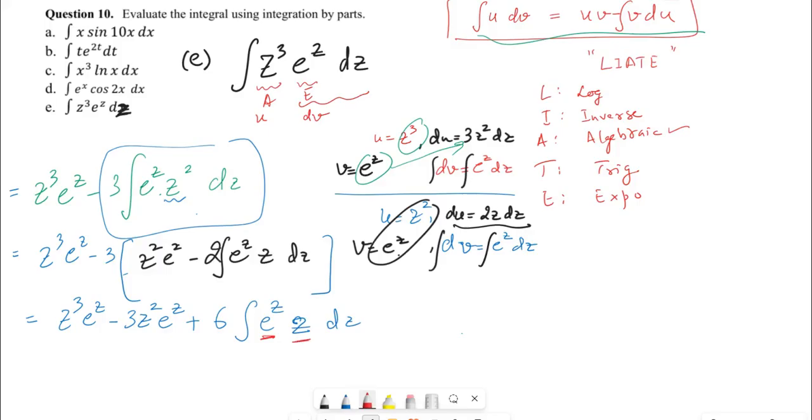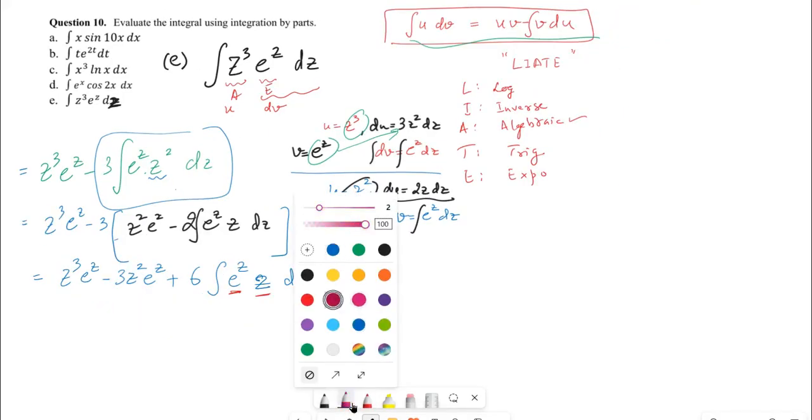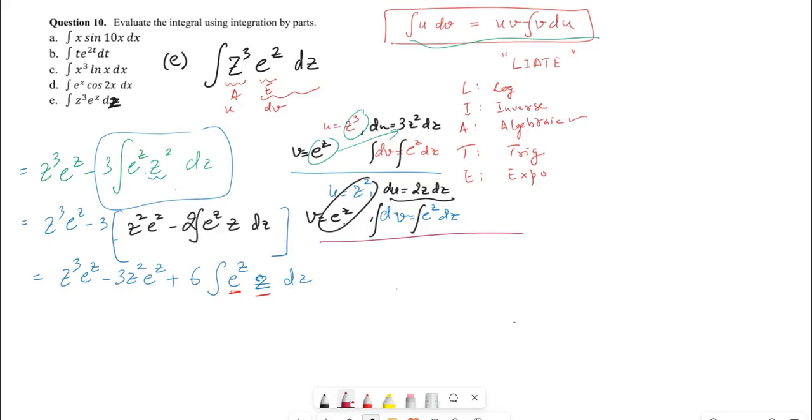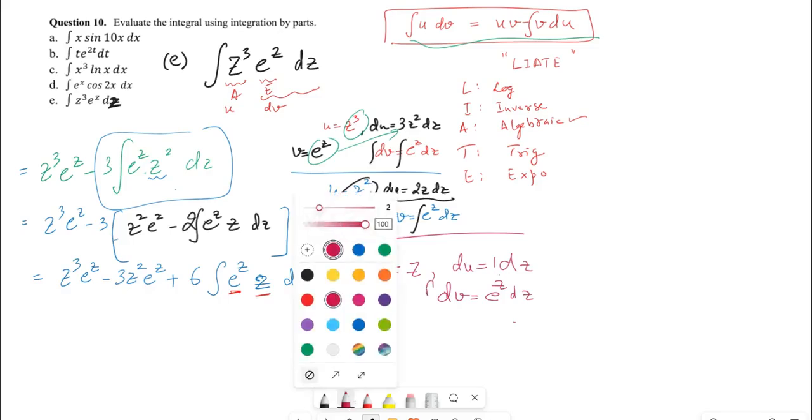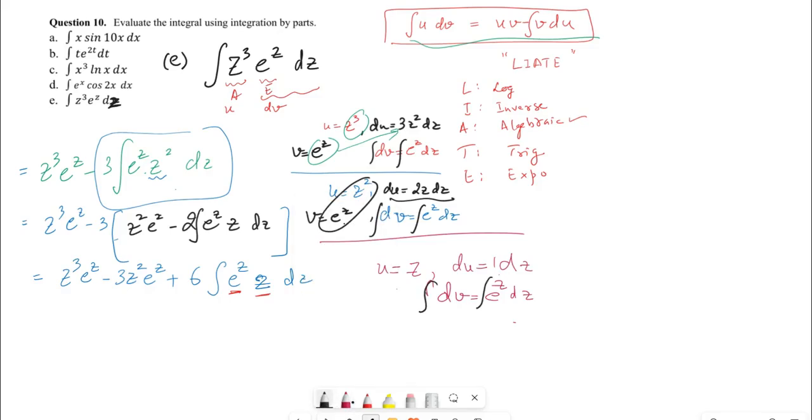And we notice again we have two functions, integration by parts applied. So again, u is equal to z, dv is equal to e^z dz. Using the similar argument, du is equal to dz now because the derivative of z is 1. And if I integrate here, v is equal to e^z.